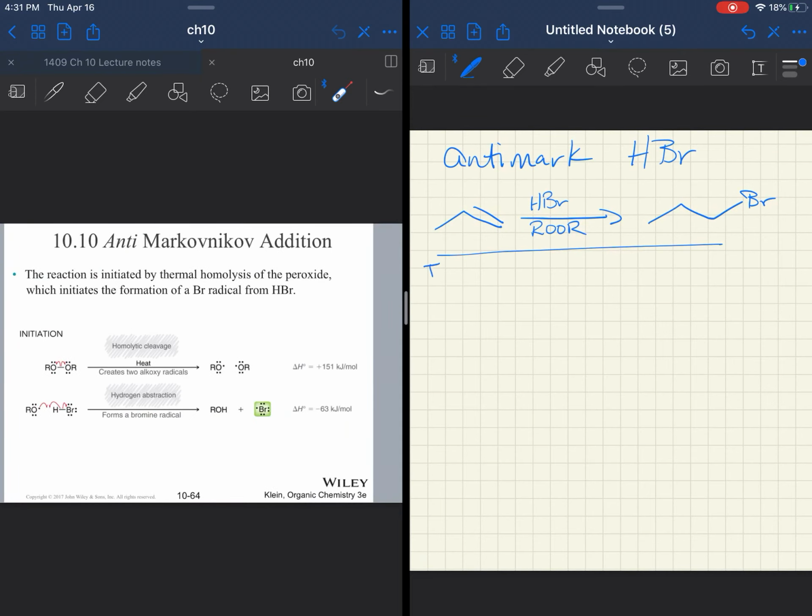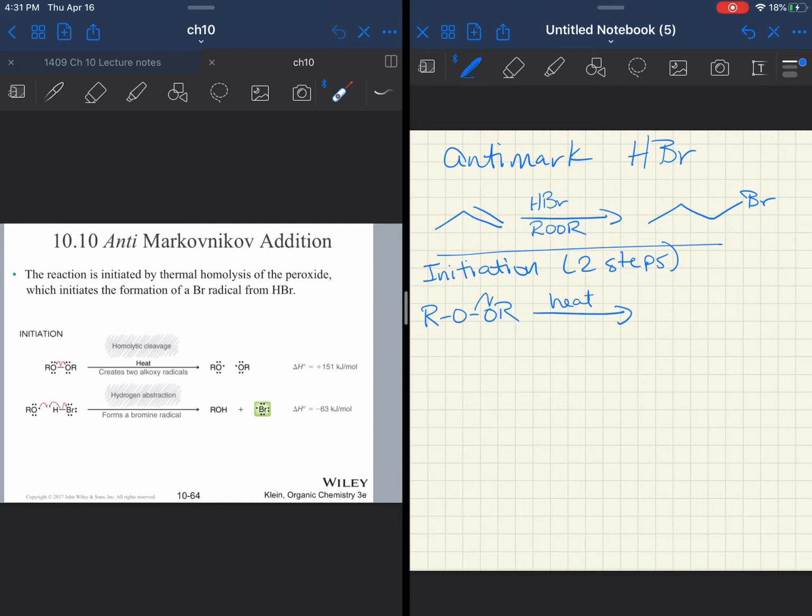Now, let's get started. Initiation. Now, this one is a little bit different. This initiation has 2 steps. This is initiated because of the peroxide you have. This OO bond is sensitive to initiation. You can use heat.